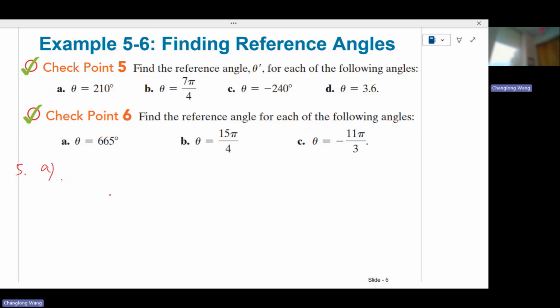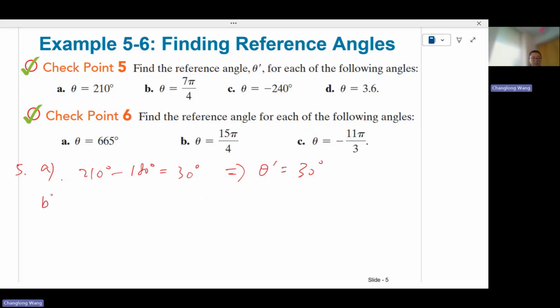This guy's big, so how about I just go ahead and subtract 180 from it? 210 minus 180. So you get what, 30 degrees, right? Is that what you want? That's it. Go ahead and say that this is your reference angle. Okay. Nothing too crazy, right?